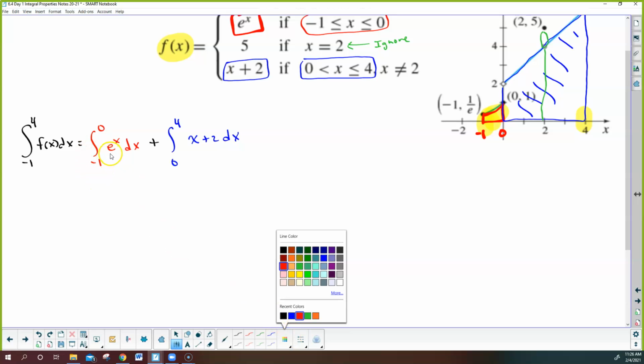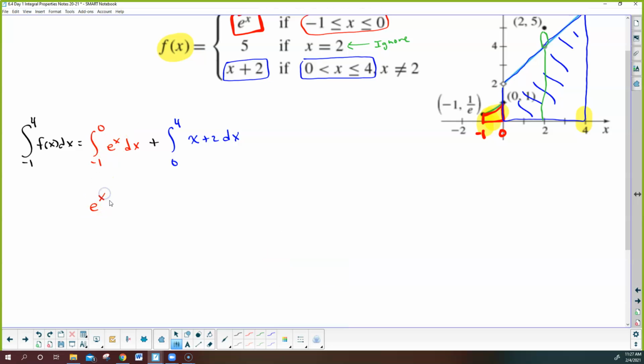So let's just find the antiderivative of the red part. So whose derivative gives me e to the x? It's e to the x. Notice I'm not putting the integral symbol in there because I took the antiderivative, and now I'm going to evaluate it from the upper bound minus the lower bound. So we're going to plug in 0, and we're going to subtract the lower bound.